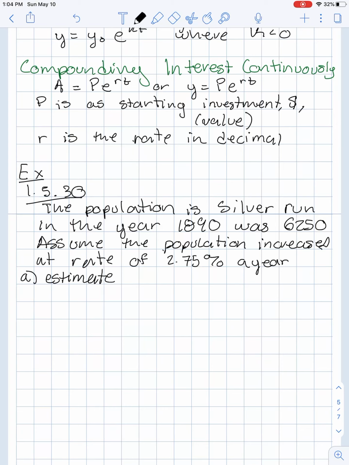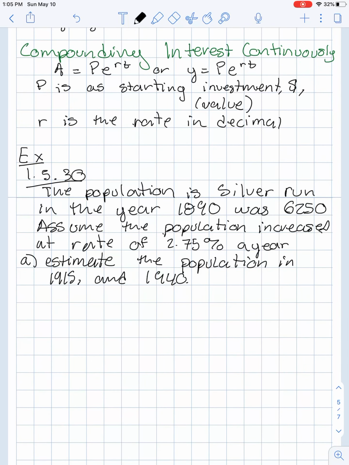We are then asked to estimate the population in 1915 and 1940. So let's first make an equation, right?